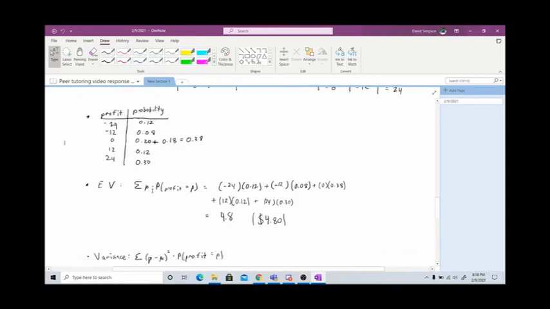And so to find EV, we just go row by row, like we did in the other ones. And I'm sure you can see at this point where I got this. Each row you do the profit value times the probability function of that profit being that same value.